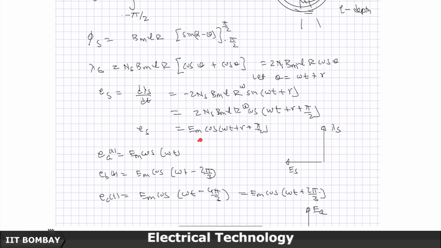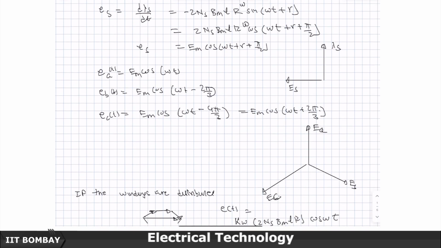Similarly, this can also be represented by a phasor, where of course the RMS value is Em by root 2, as shown here. So, the voltage phasor is leading the corresponding flux linkage phasor by 90 degrees.